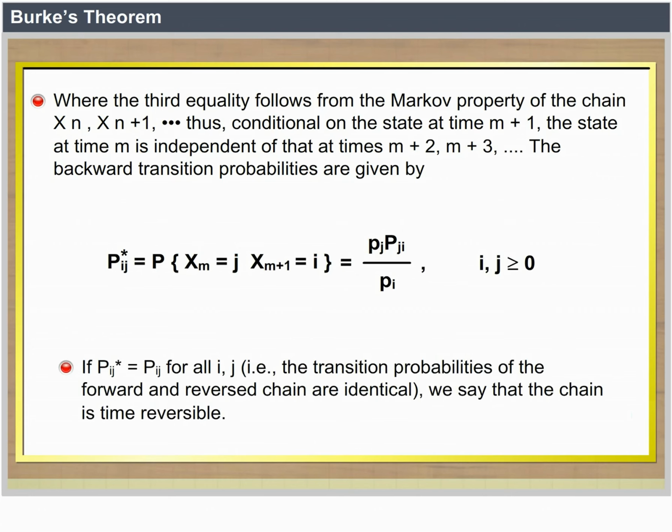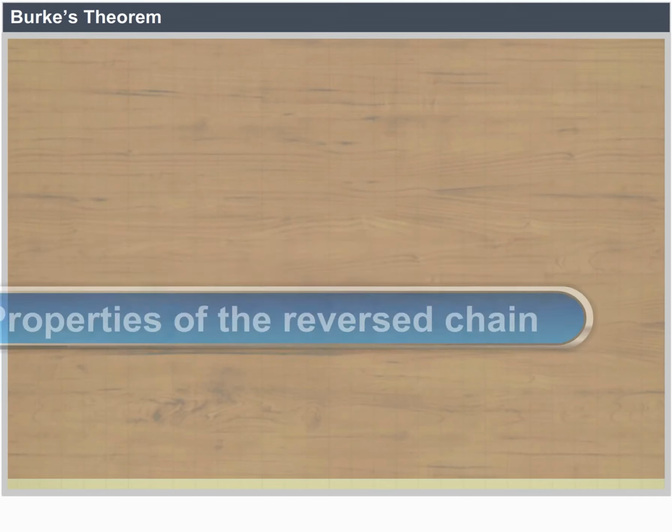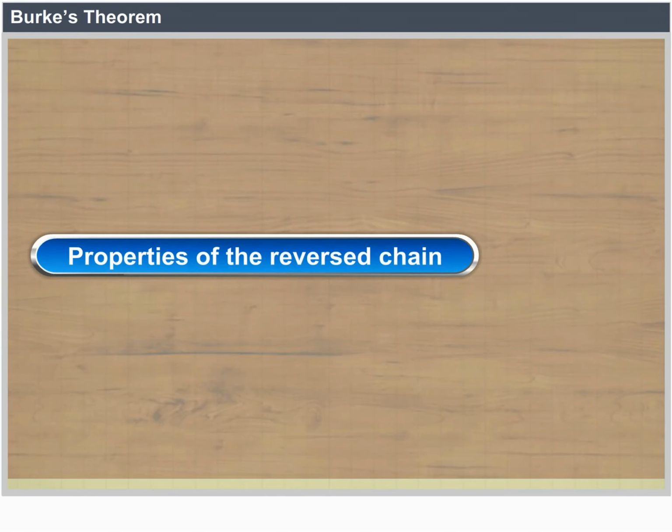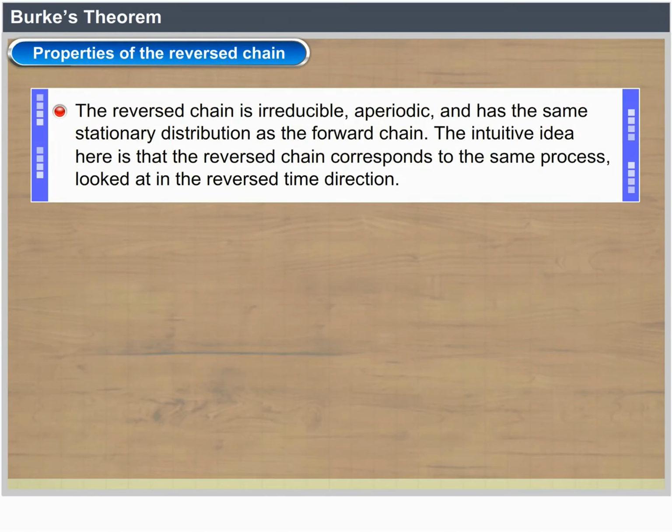If P_ij star is equal to P_ij for all i, j, that is, the transition probabilities of the forward and reverse chain are identical, we say that the chain is time reversible. Properties of the reversed chain. The reversed chain is irreducible, aperiodic, and has the same stationary distribution as the forward chain.